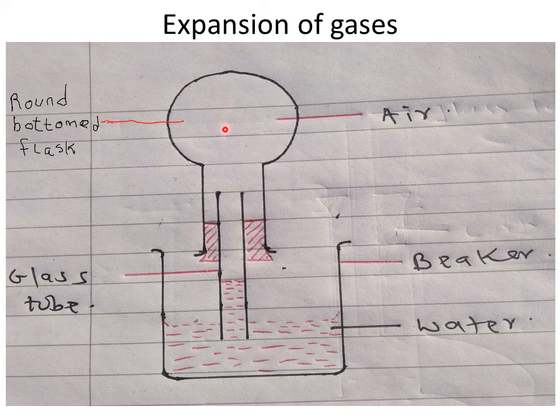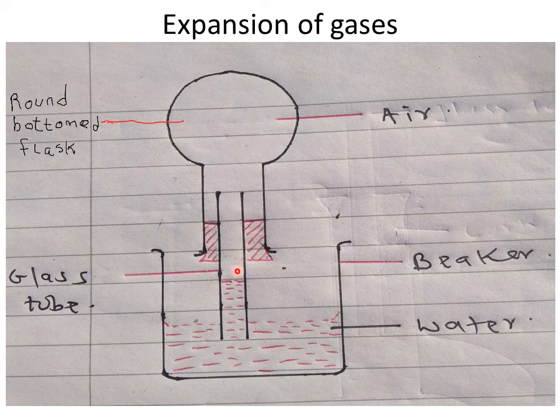This is because, remember, inside the round bottom flask we have air. Whenever you heat air, it will always expand. So the level of the water in the glass tube drops slightly because when the round bottom flask is warmed, the air inside the round bottom flask expands. When it expands, it means it needs more space, because to expand means the volume has increased.